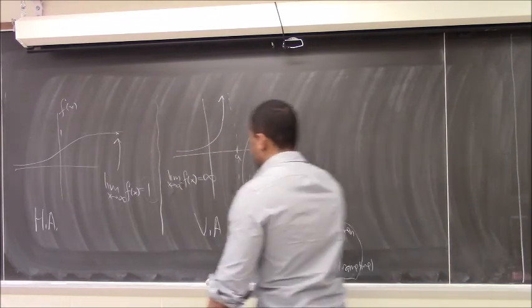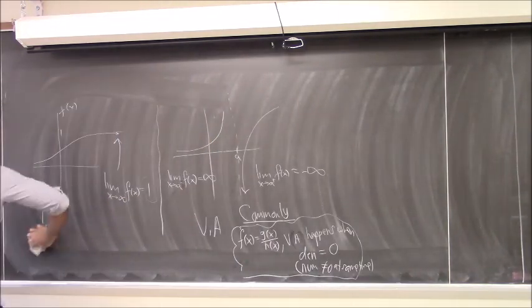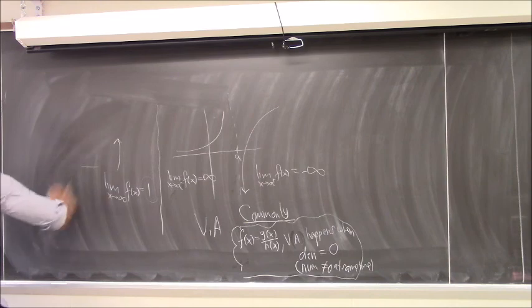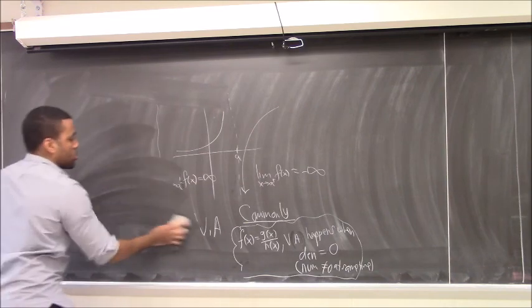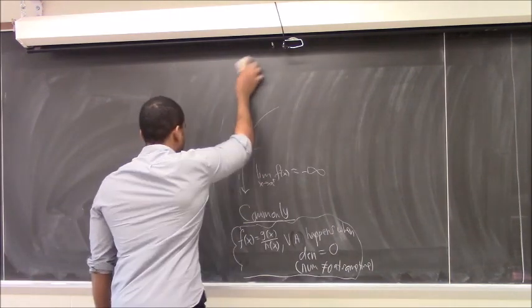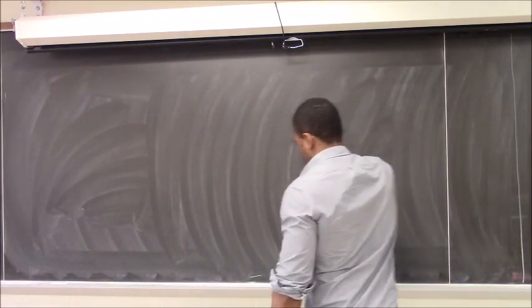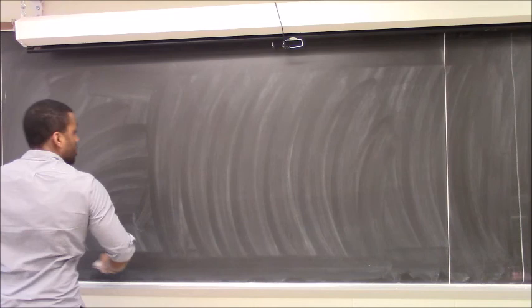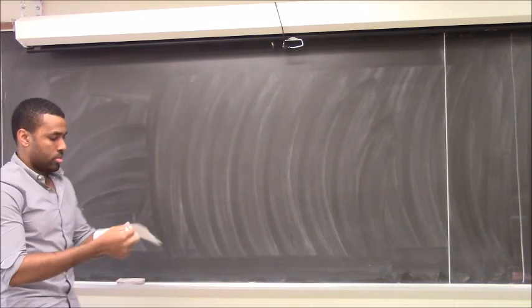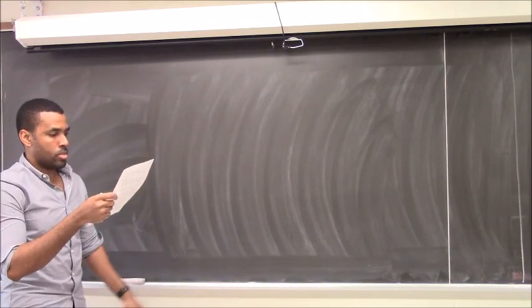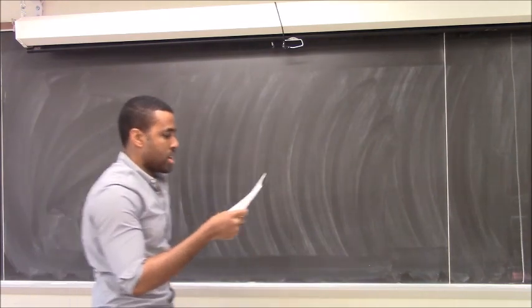So let's actually run through these steps here. We'll go through a few examples so you see how the steps work together. We'll start with some easy ones, like part A is pretty easy.